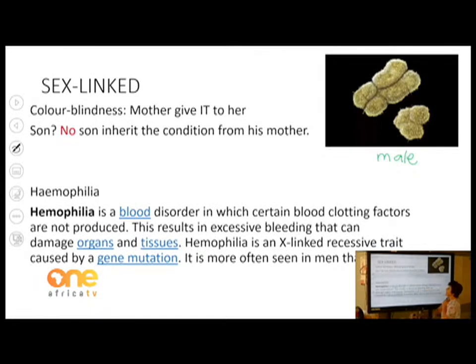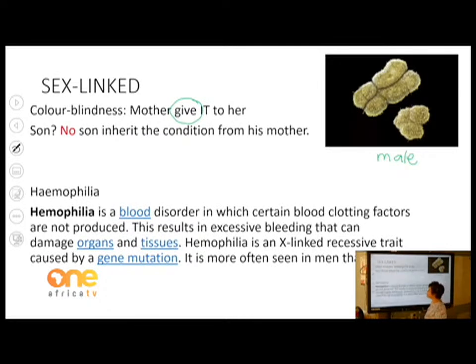So, therefore, the male can have a disease and it cannot be masked off. The gene is carried on the X. So, color blindness, mother gives it to her son. No, I do not want you to use that word give. The son inherits the condition from his mother.